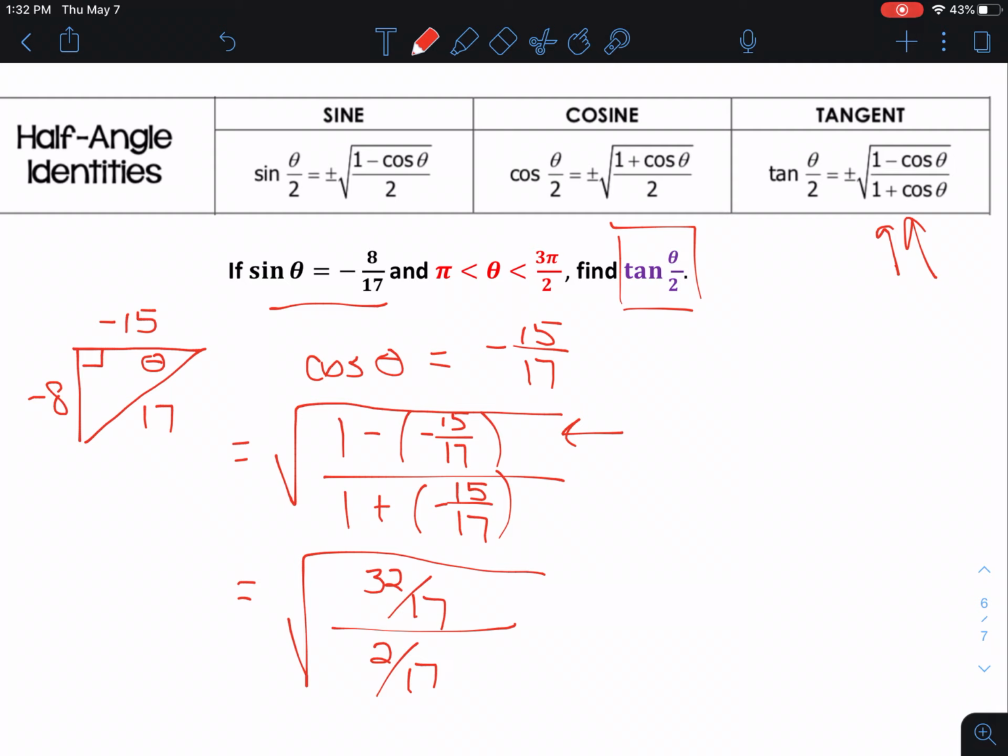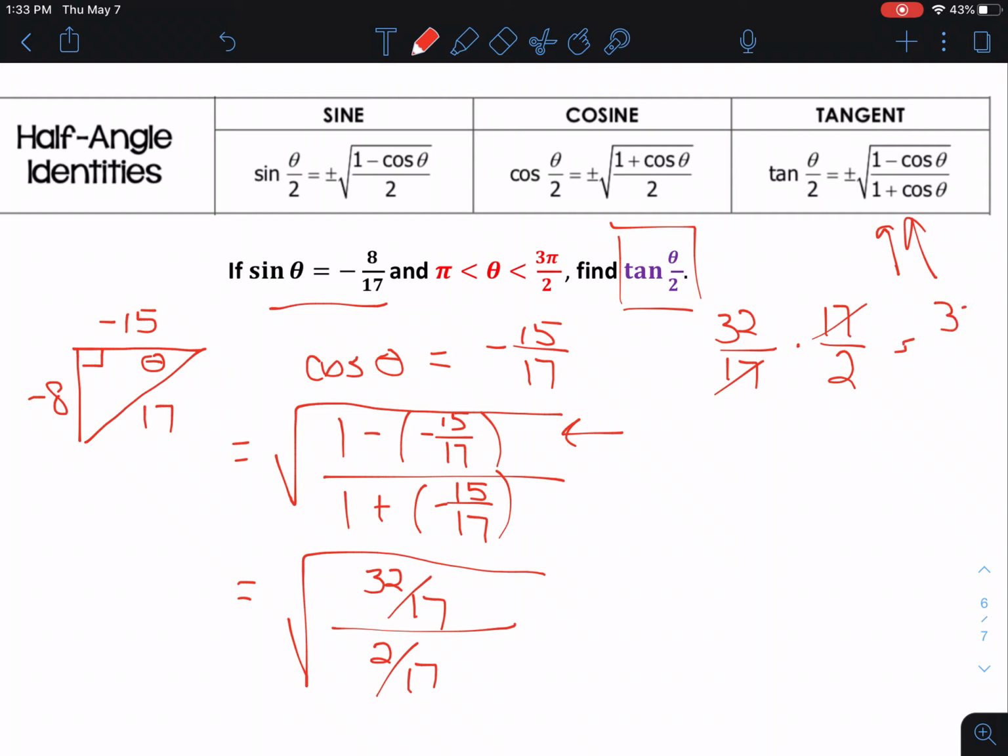Okay. Now, it's probably easiest to just think about what's going on the inside of this first. So let's say 32/17 times the reciprocal. Okay, these cancel out.